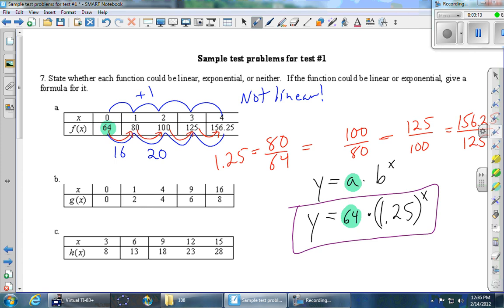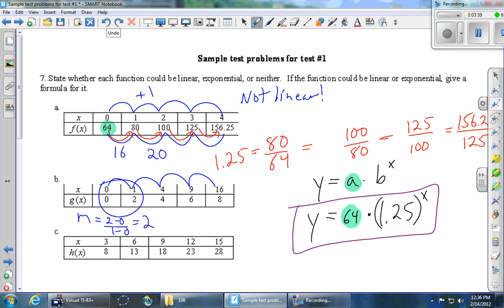Okay, for part B, same idea. Let's ask ourselves if this is a linear function. So here we'll notice that the x values have different differences between them. So one thing you could do at this point is find the slope. Find the slope of the line connecting the first 2 points. 2 minus 0 over 1 minus 0.